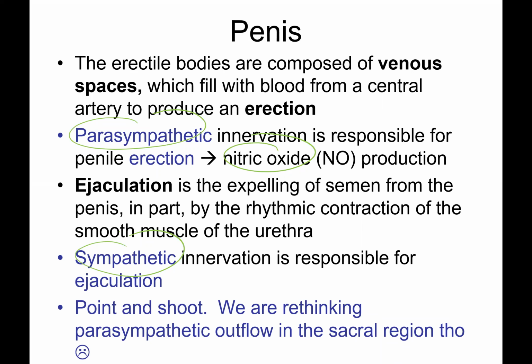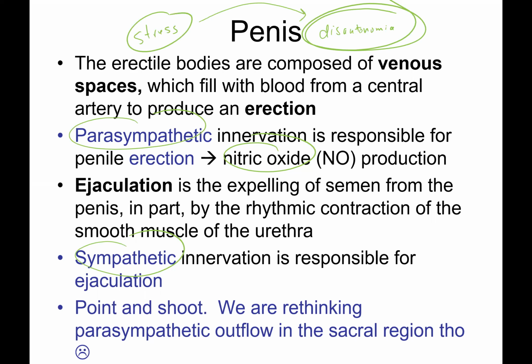I think dysautonomia is very, very common in our culture because what causes this is stress. Stress creates this thing called dysautonomia, which means there's confusion between the parasympathetics and the sympathetic nervous system.